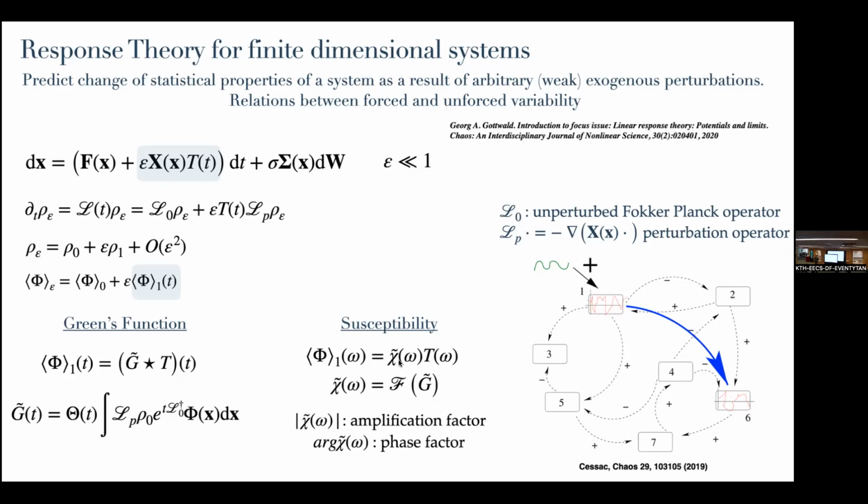And this susceptibility chi has a very physical interpretation. It's a complex quantity, and its amplitude is an amplification factor of the input. And the argument of this complex quantity basically tells you the phase factor of the output signal.